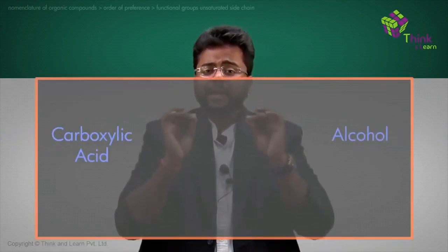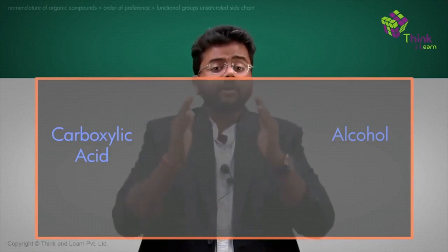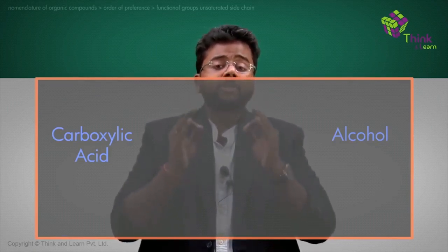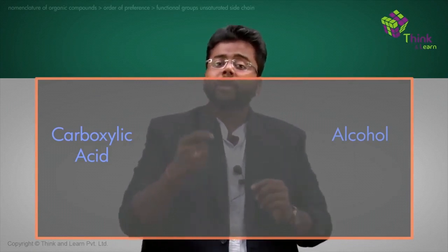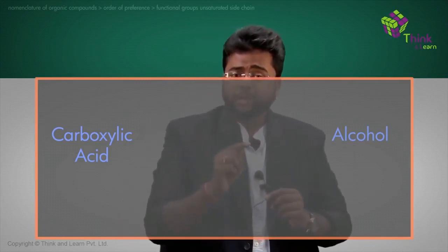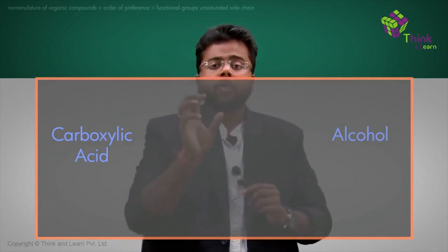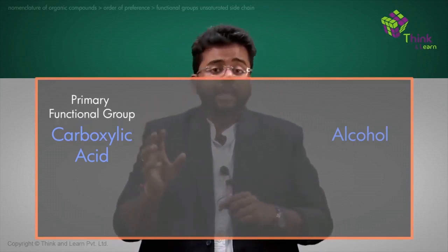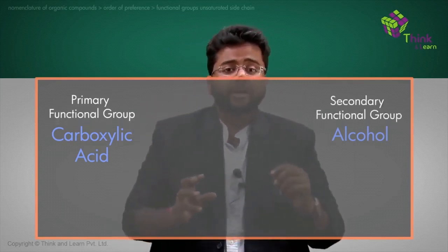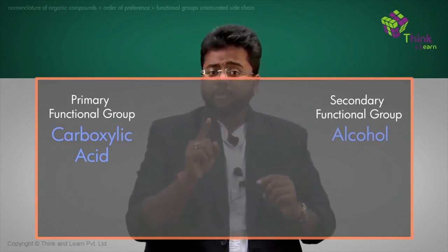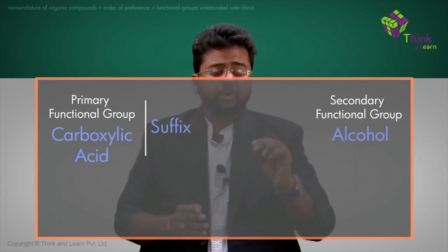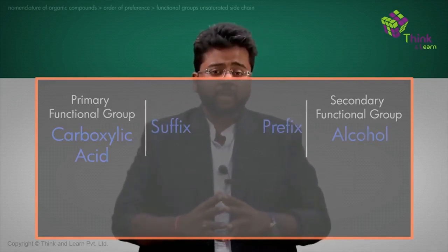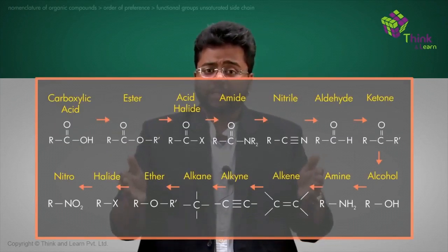There is a reactivity series, which is also called the priority series, and according to it, the functional group would be given a priority. The functional group with a higher priority would be called the primary functional group, and the other one would be called the secondary functional group. The primary functional group would be used as a suffix, and the secondary functional group would be used as a prefix. So take a look at the priority series.